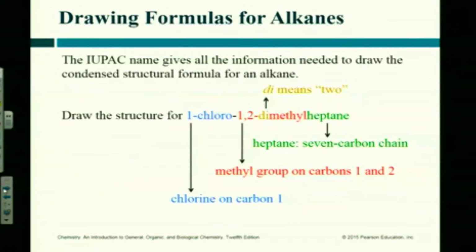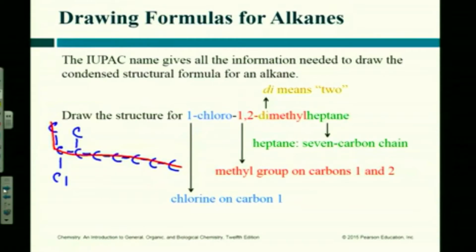Heptane is how many carbons? 7. 1 chloro, 1, 2-dimethyl. What's wrong here? By putting a methyl on the 1 carbon, what's happened?